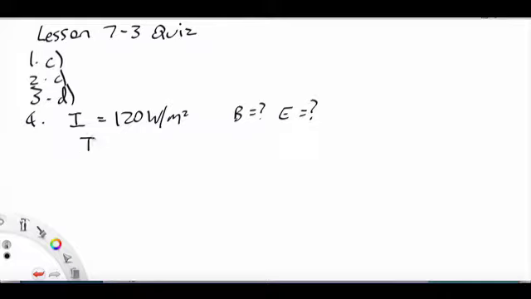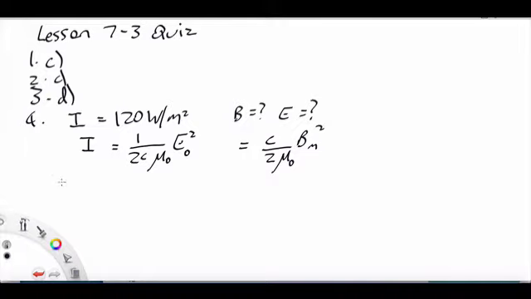So we have the expressions for intensity, either 1 over 2c mu naught E naught squared, E naught being the maximum, and it's also c over 2 mu naught B squared. So let's start with the E squared.